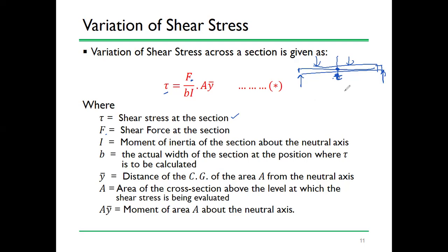So you apply any of these principles to calculate your I. Then the B is actually the width of the section at the position where the tau is to be calculated. I want to illustrate this clearly using a section like this.